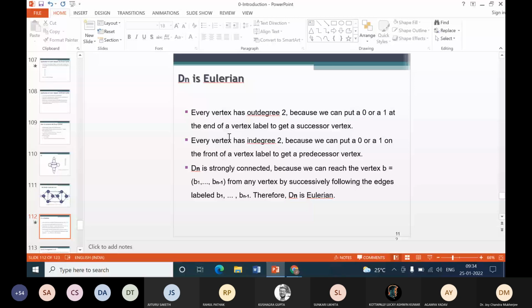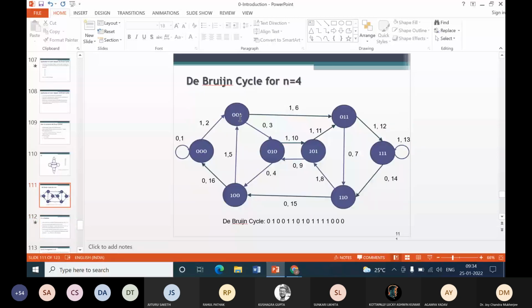So after 0 0 1, if I put a 0, basically how these edges are being created is that the last 2 bits equal the first 2 bits. So 0 1 here and 0 1 here as well, so we will connect them. Now I can put a 1 over here or a 0 over here. If I put a 1 over here, it will go from 0 0 1 to 0 1 1.